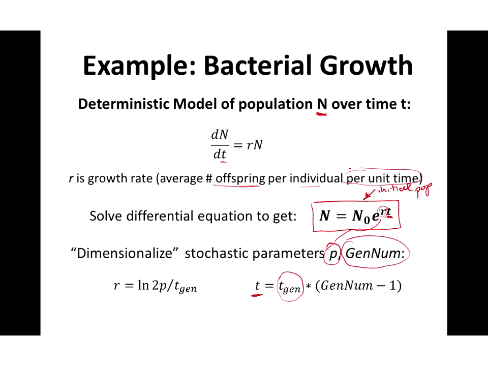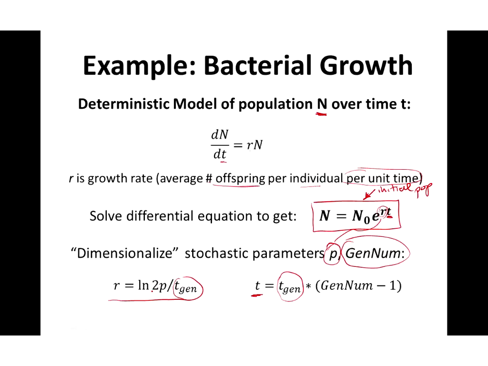So r has time in the denominator, while p does not. You can do some fancy mathematics to demonstrate that the relationship is given by the equation at the lower left, which is that r is equal to log of 2 times p divided by that generation time, t-gen. And of course, this gives us that time unit in the denominator.